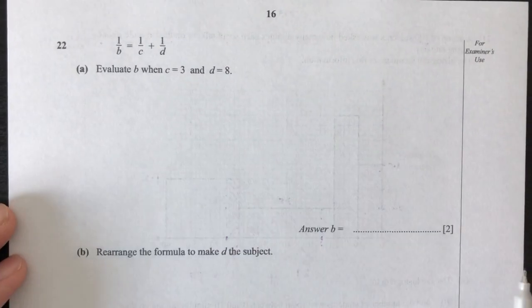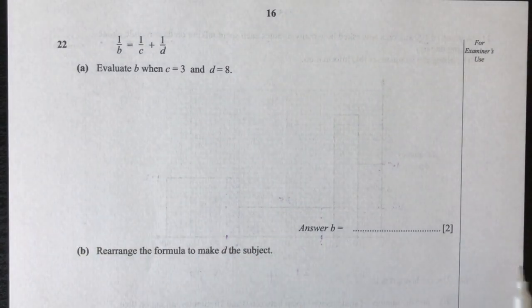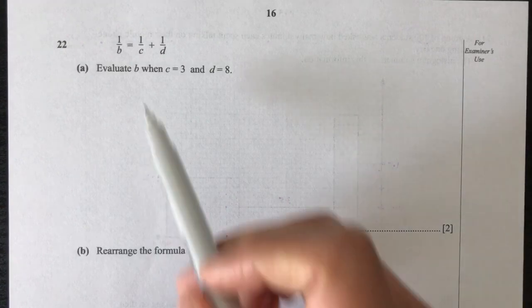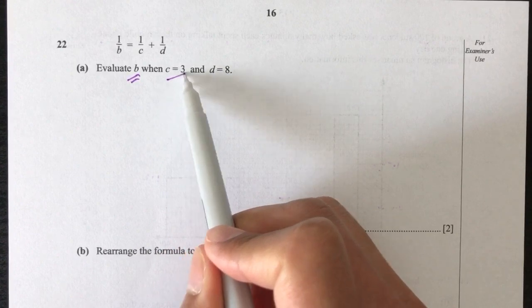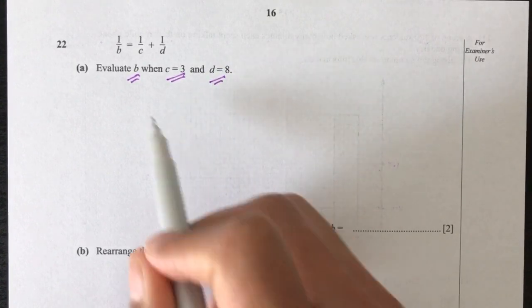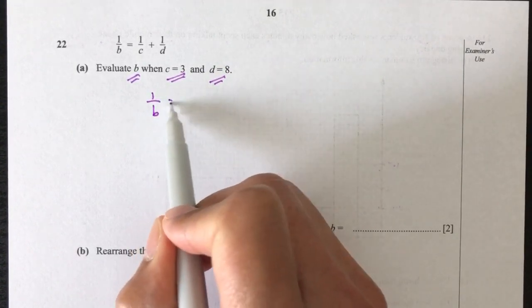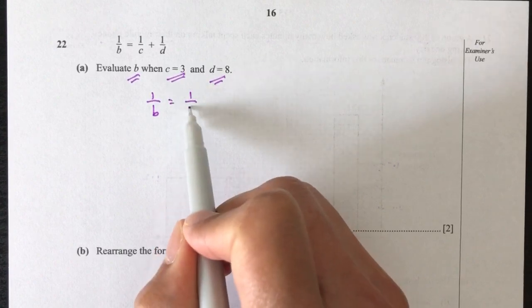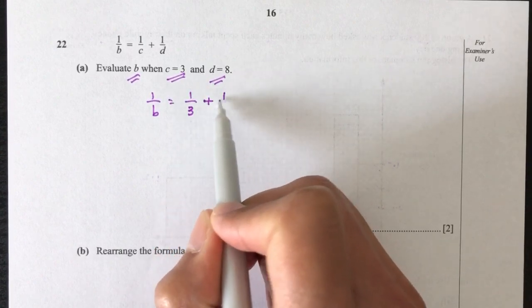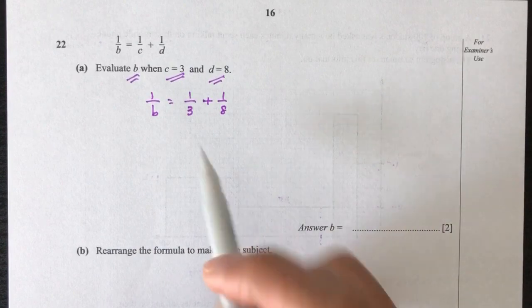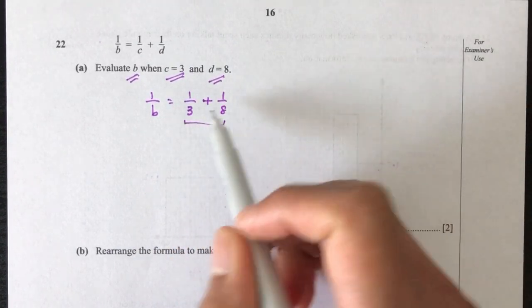Moving on to question number 22. We have 1 over b equal to 1 over c plus 1 over d. Evaluate b when c equals this and d equals this. So we just have to replace in the equation. 1 over c is this plus 1 over 8. So we first look at this part here. Let's solve this.